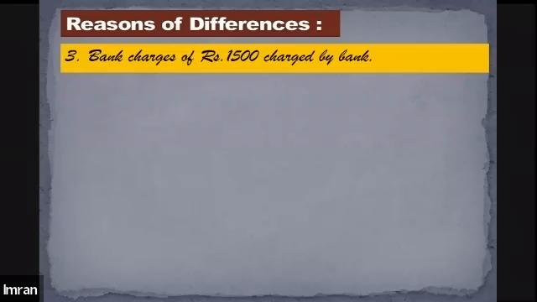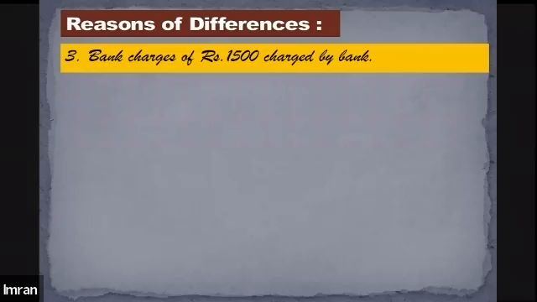This charge, because it is deducted by the bank, must have been recorded in the bank statement. This must have been recorded in the passbook by the bank, right? But the deduction regarding the bank charges is not yet known to the accountant of the business.